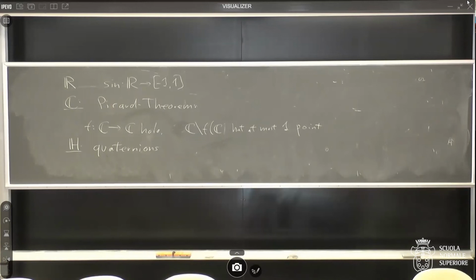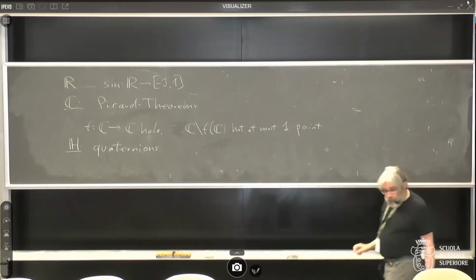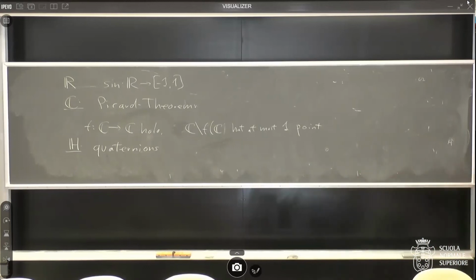And then you also have that I, J, K combined yields -1. And actually, then one can deduce all the other rules. So IJ is K, and JI is minus K, and JK is I, and KJ is minus I, and so on.